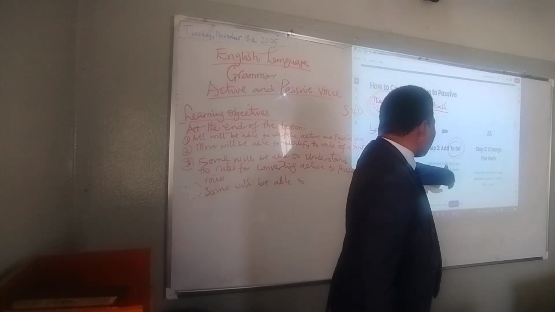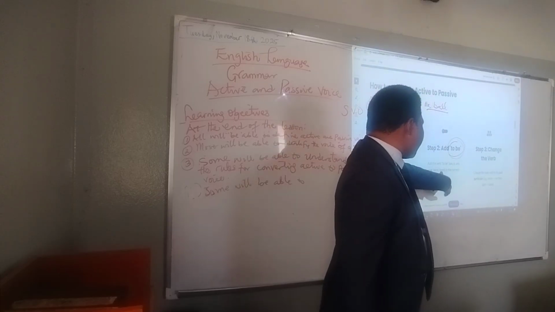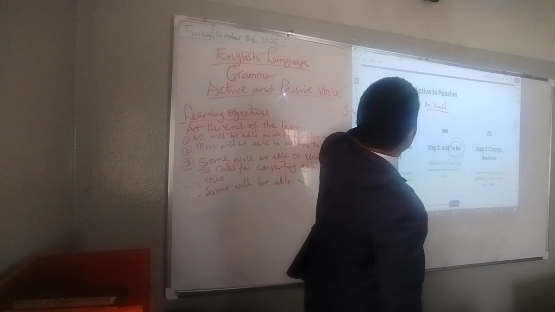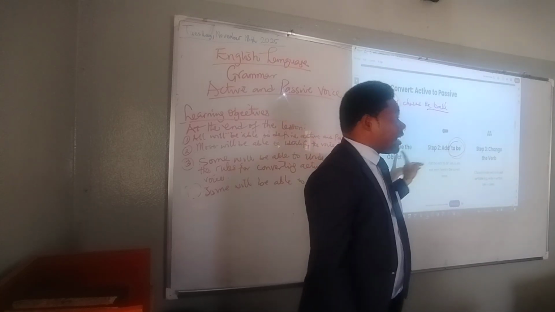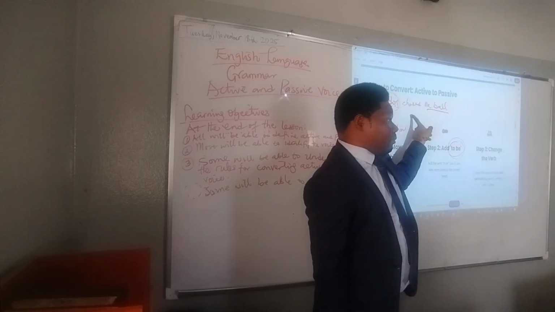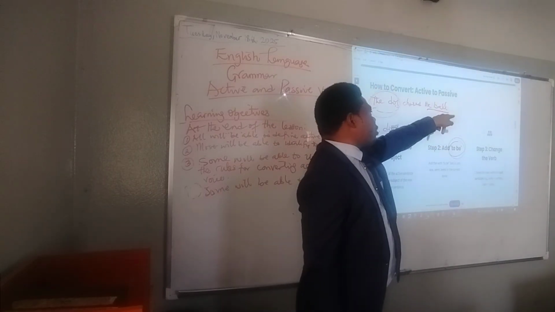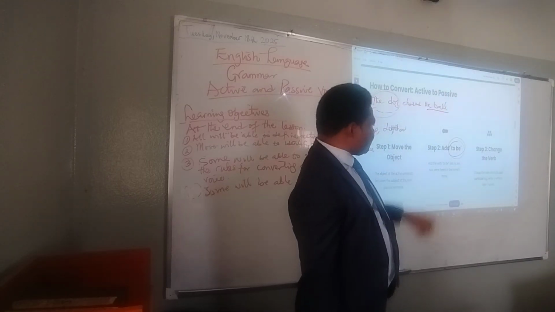So add the verb to be, for instance, am, is, are, was, were, been, in the correct tense. Like in this case, the ball was chased by the dog. Was was not there before. In the active voice, was is not here. But as we are converting from active to passive, we introduce what? Was. Do we understand? Yes, sir.